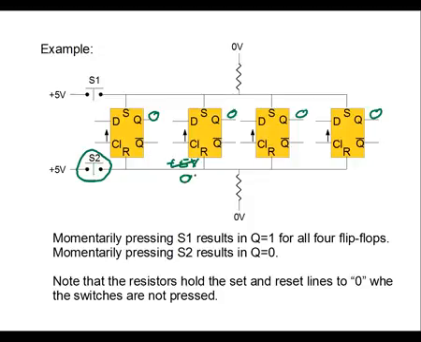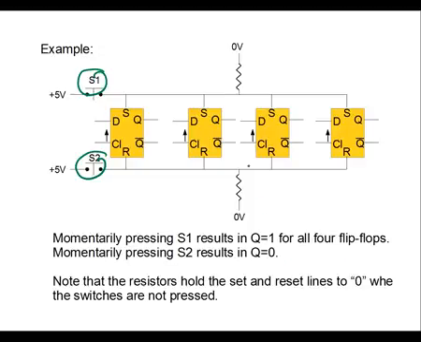This returns to 0 volts. So the reset becomes 0, and then the state remains at 0, 0, 0, 0. So we can use S1 and S2 to set or clear our 4 flip-flops.